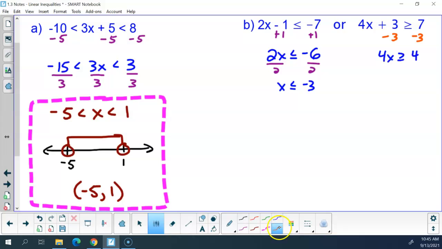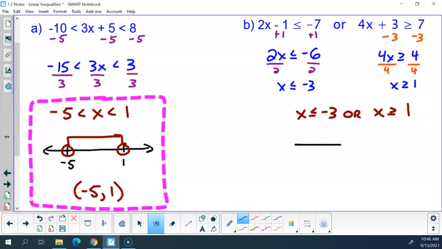Divide by 4. So my inequality then becomes x is less than or equal to negative 3, or x is greater than or equal to 1.